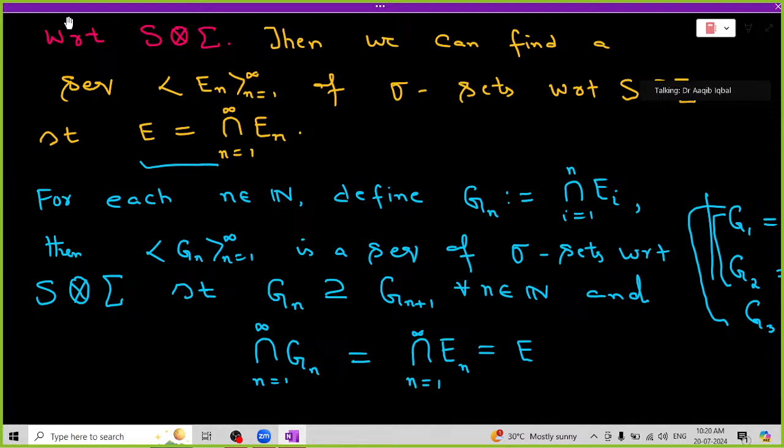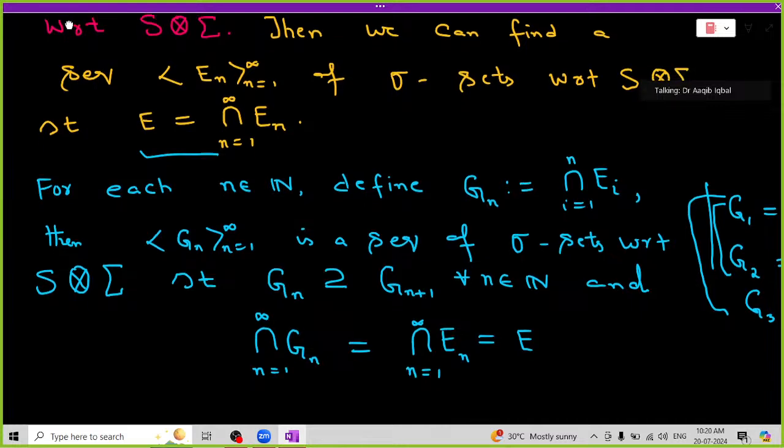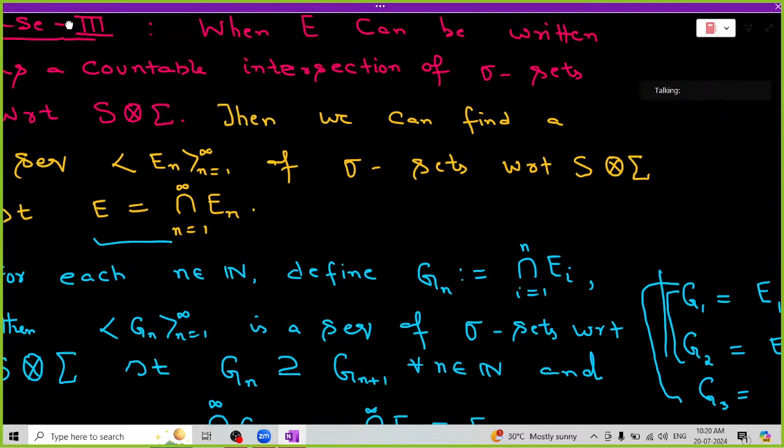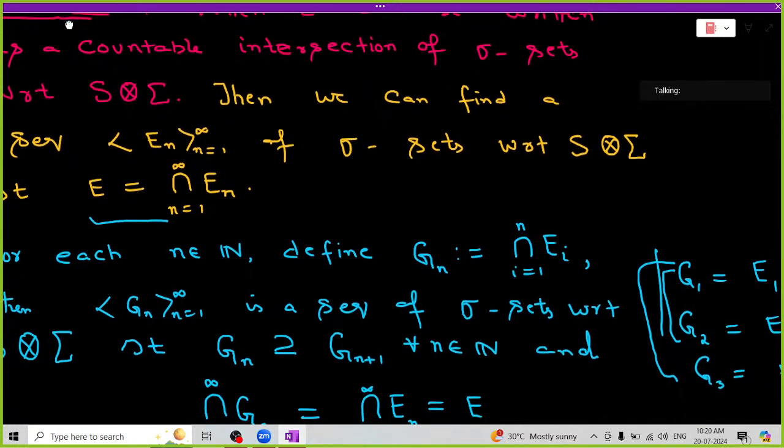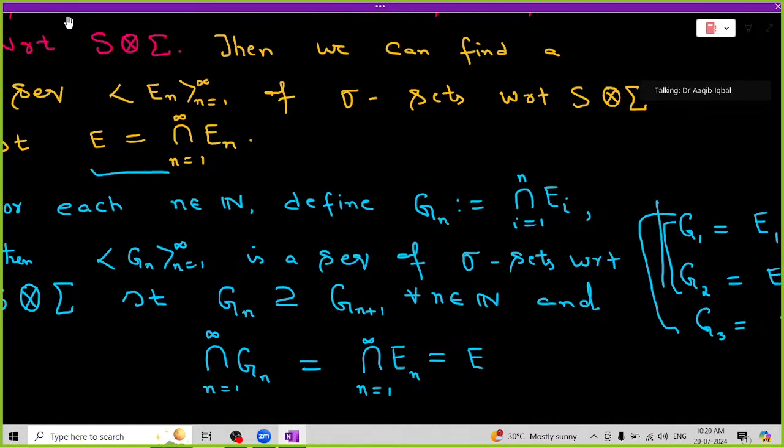But there is a strong reason to prefer these Gn's over Ens. Can you tell me what the reason is? Decreasing. Yes, the sequence of Gn's is a decreasing sequence.